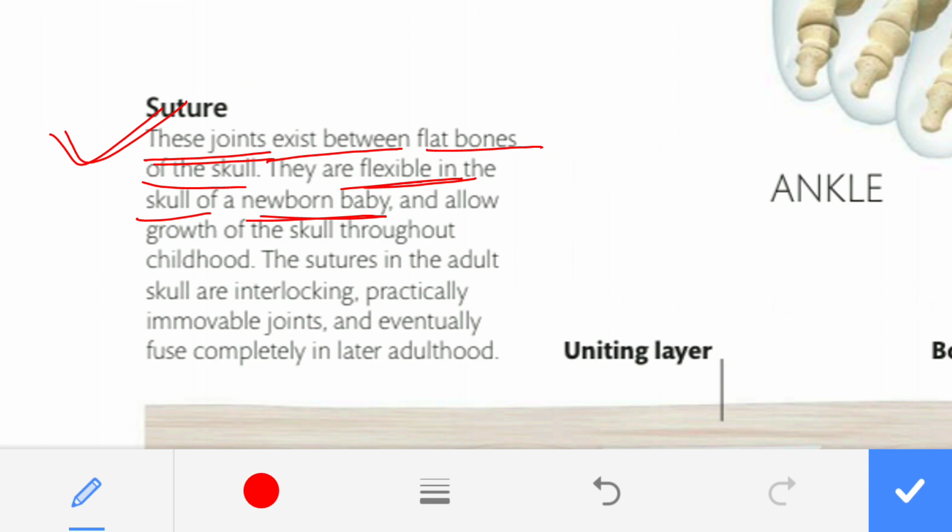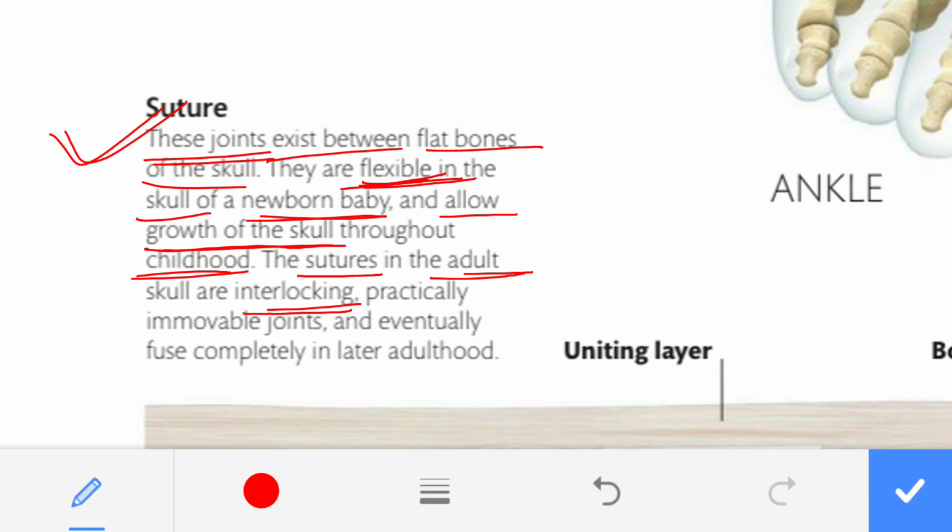Since these sutures are flexible in newborn babies and during childhood, they allow the growth of the skull bones throughout childhood. So we can say in childhood these sutures are flexible and the bones are growing. But in the adult, these sutures are interlocking.